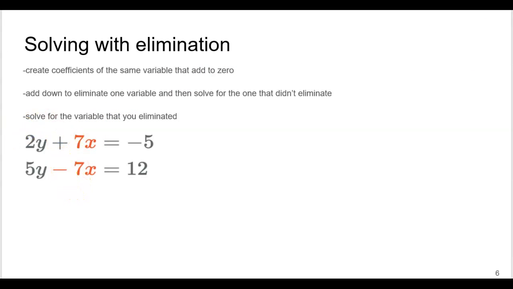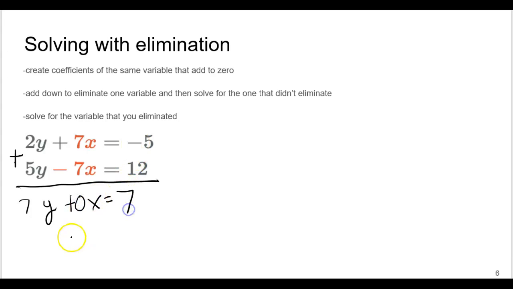If I look at what I have, I already have a situation where my x's would be eliminated if I added them. So I'm going to add down: 2y plus 5y is 7y, 7x plus -7x is 0, and these add to 7. So I have 7y equals 7. In other words, y equals 1.